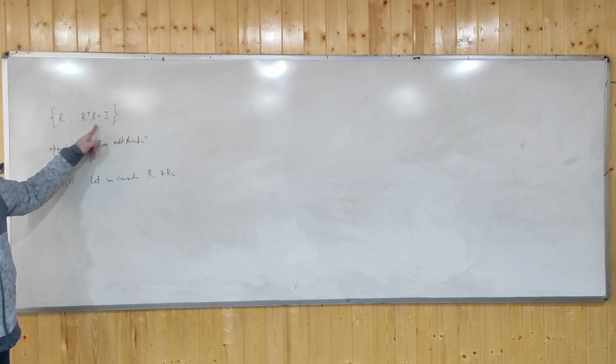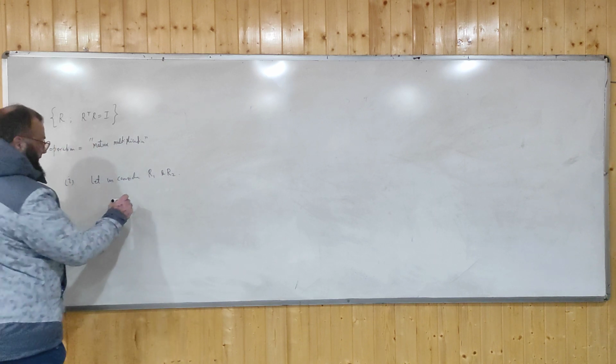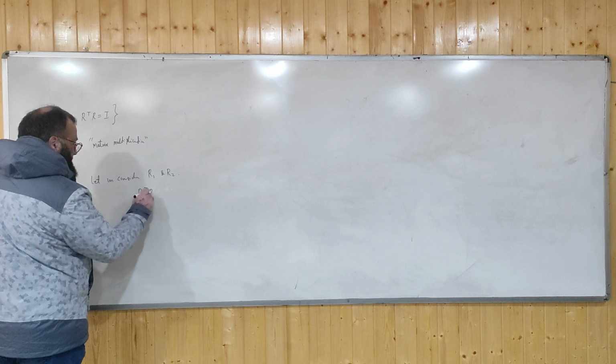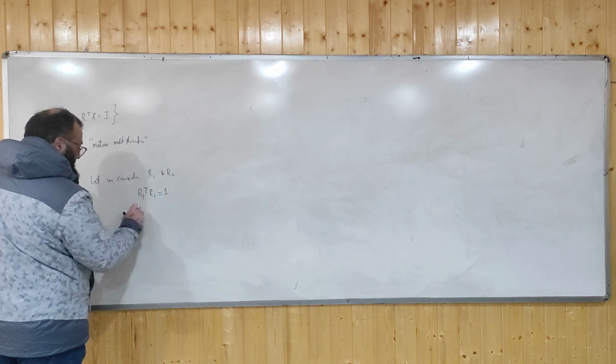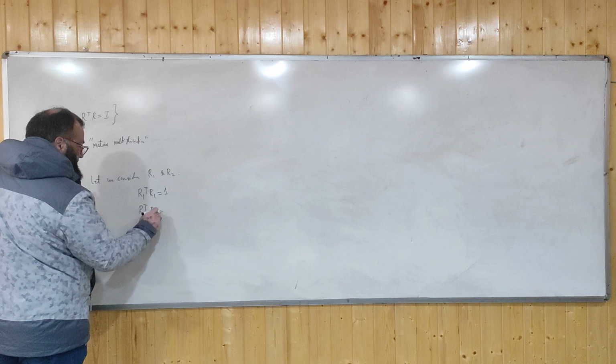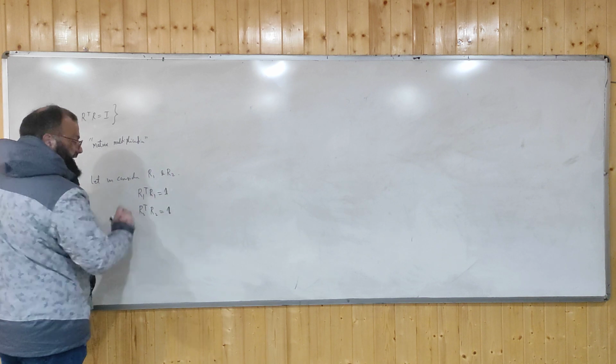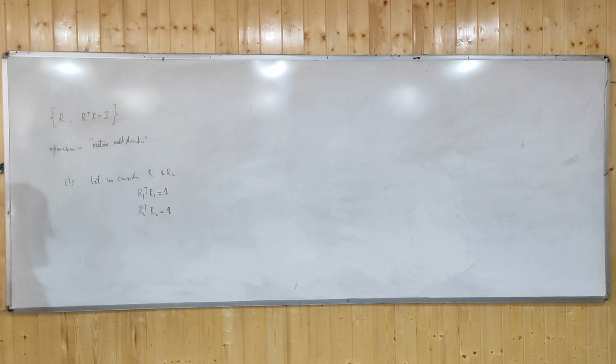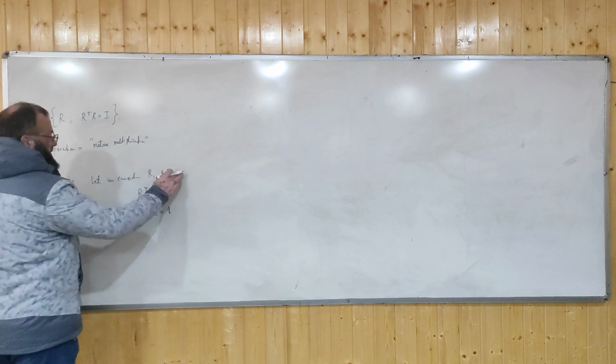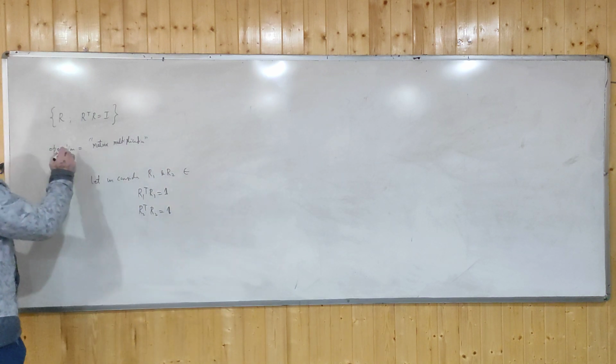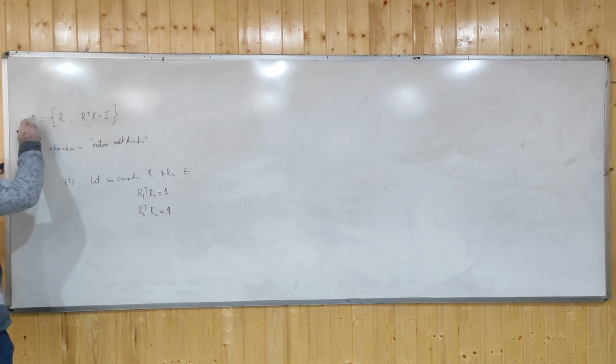That should also be orthogonal. Individually I have R1 transpose R1 equal to identity, and R2 transpose R2 equal to identity. So they belong to, let's write this as G.